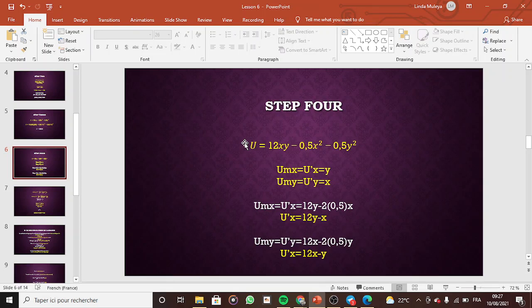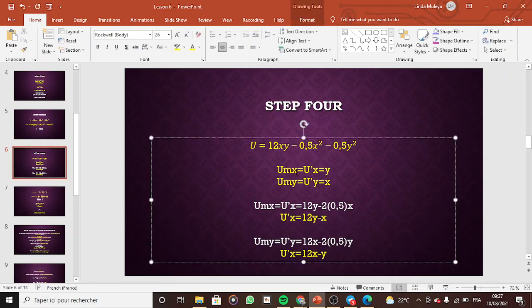The same value is equal to your utilité marginale. But for now, you can forget these two parts in front, the UMx and the UMy. We'll just focus on the part that follows. U prime de x is equal to y and u prime de y is equal to x.